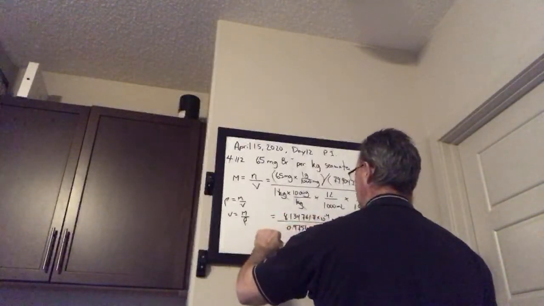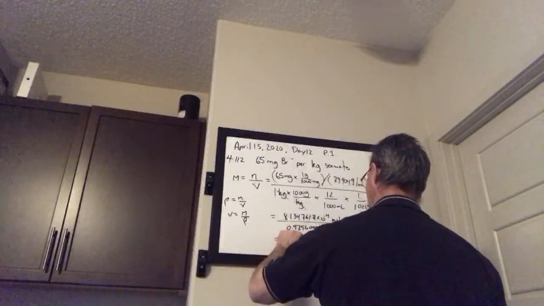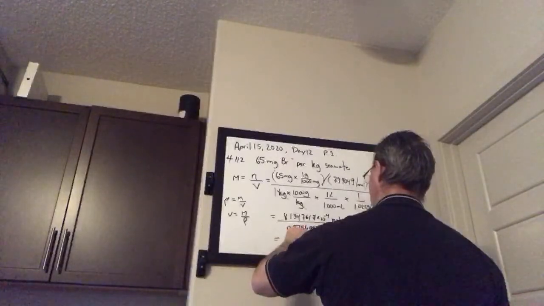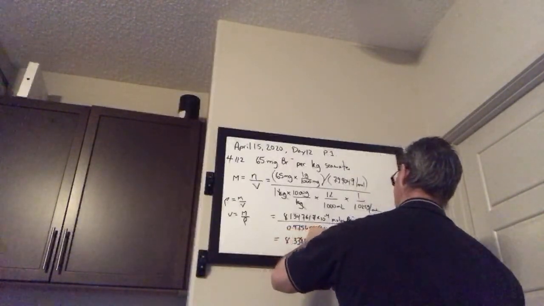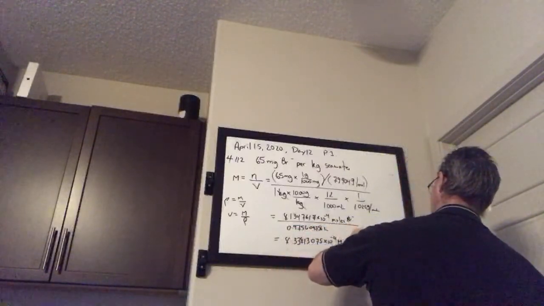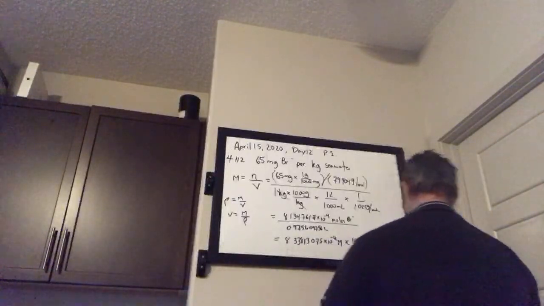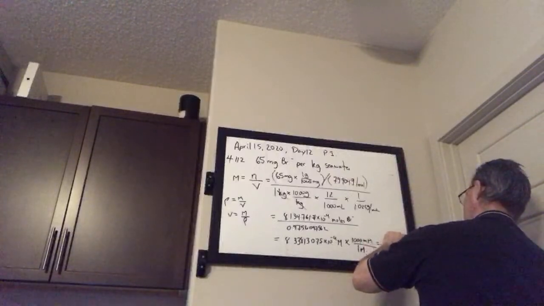So the molarity turns out to be 8.33813 times 10 to the minus 4 molar. If you multiply by 1,000 millimolar per 1 molar, you can use a more appropriate unit. It comes out to 0.83 millimolar.